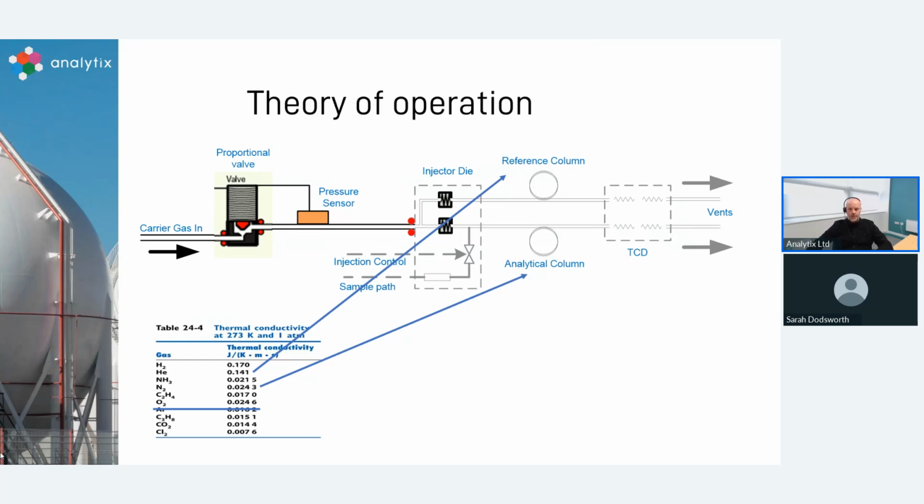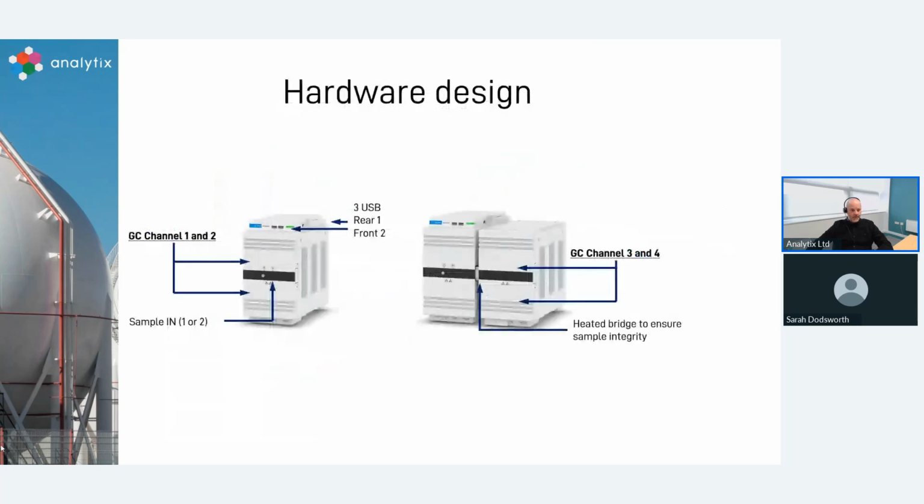In terms of the hardware itself, there's the option to have what we class as a single chassis, which can contain two independent micro GC channels, so one in the top and one in the bottom of the chassis. If we are looking at a configuration that requires a third or a fourth channel, we essentially bolt on, via a heated bridge, a second chassis.